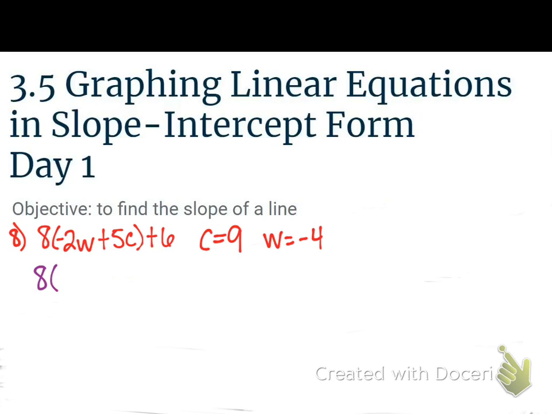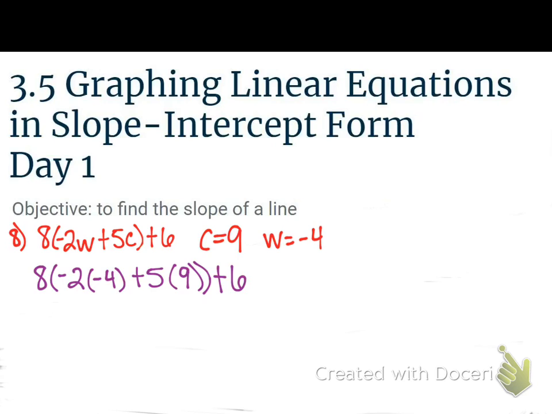So 8 parentheses, -2, my W is a -4, so I'll put that in parentheses, plus 5, my C was equal to 9, and then plus 6 on the end. Notice I kept my original parentheses around the -2 all the way till after the C, but I added parentheses around what my variables were when we plugged them in.